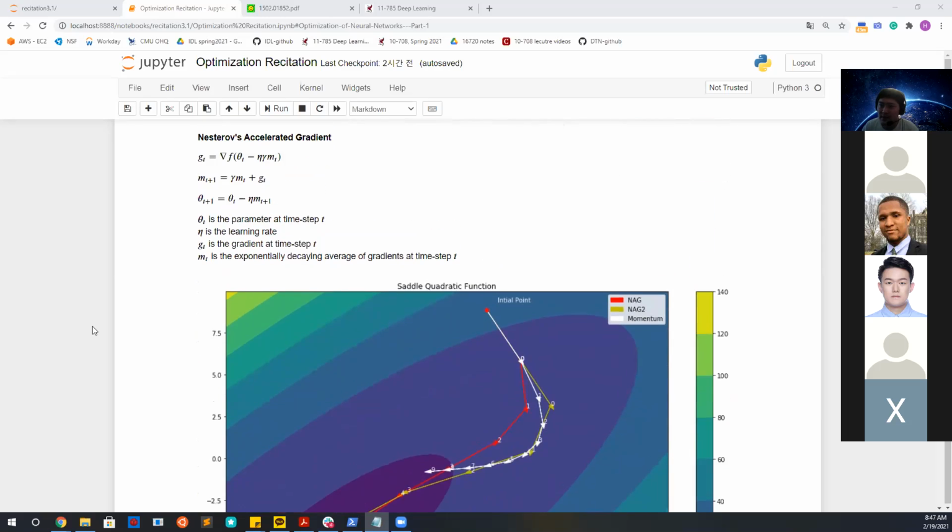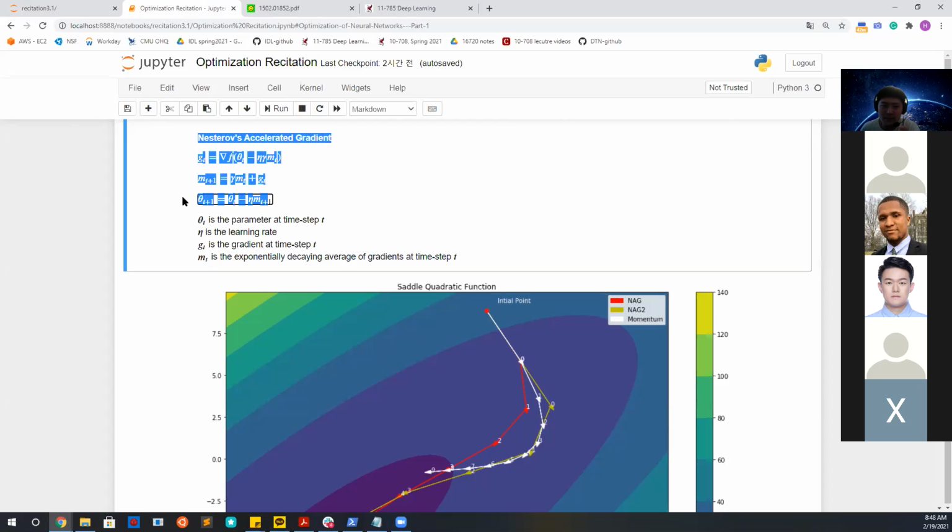So we were moving on to Nesterov's accelerated gradient. What it does is it takes a step towards the accumulated gradient first. It takes the step but doesn't update the values. It calculates the gradient as if it were to take that step, uses that gradient in the accumulation of the momentum, and then uses that to update your parameters.